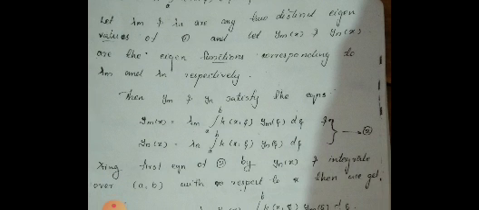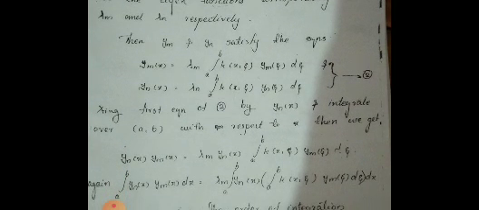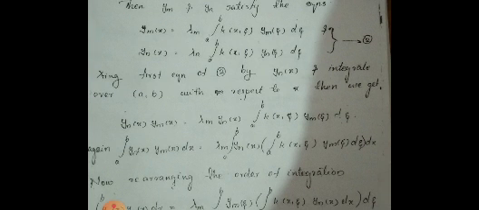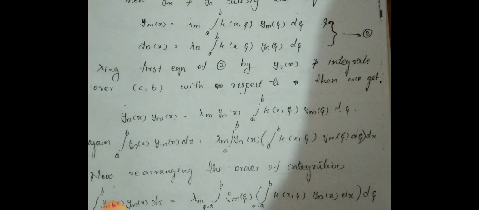Then ym and yn satisfy the equations ym of x equal to lambda m integral a to b k of x theta ym of theta d theta, and yn of x equal to lambda n integral a to b k of x theta yn of theta d theta. This is equation number 2.